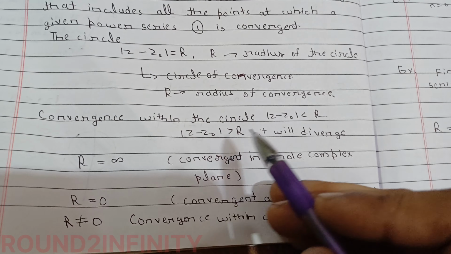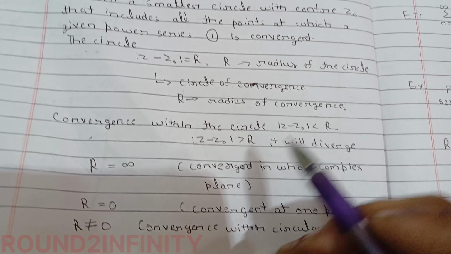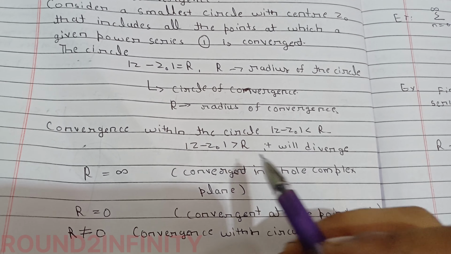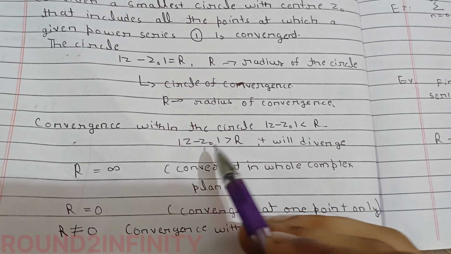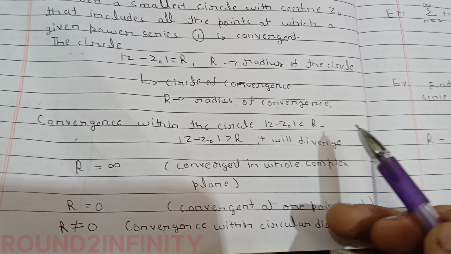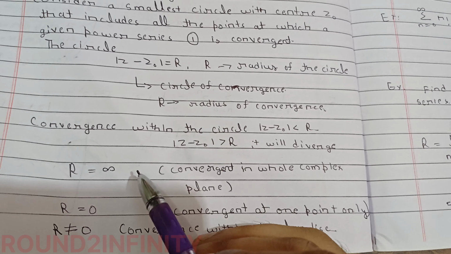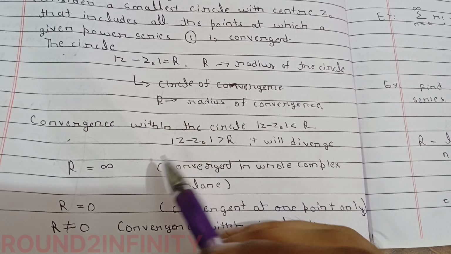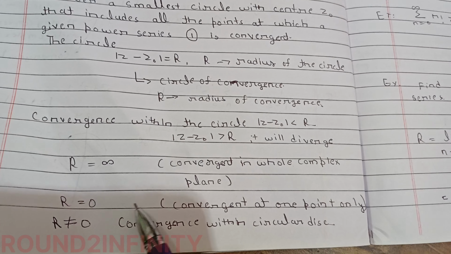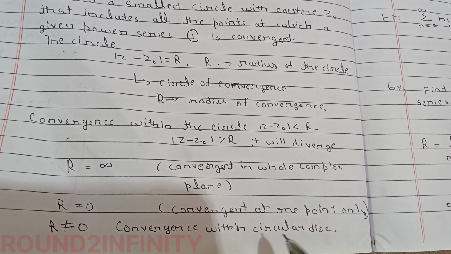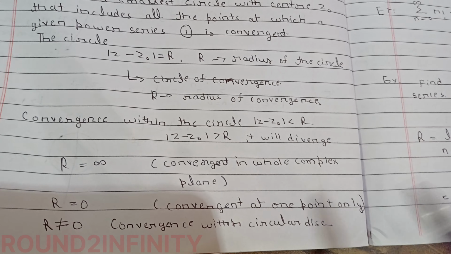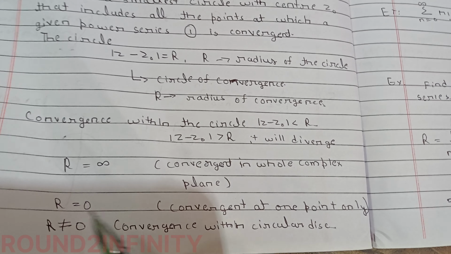Convergence within the circle, mod z minus z0 less than r, means the convergence region will be this open disk. For mod z minus z0 greater than r, it will diverge, as I already told you. For r tending to infinity, it means convergence in the whole complex plane. For r equal to 0, convergent at one point only, and for r not equal to 0, convergence within a circular disk. I already told you these things. Now we will see how to find this radius.